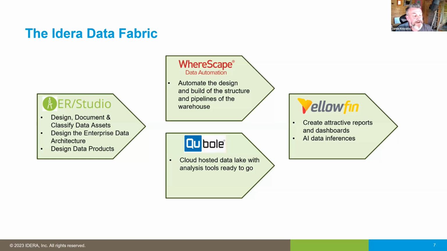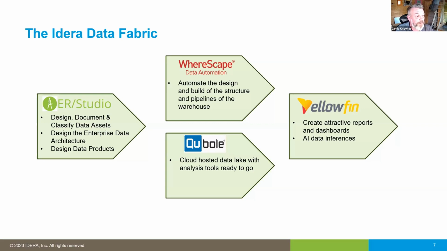WhereScape's our data automation tool. So as Mike said, traditionally used for data warehouse design, but now really featuring within data mesh product design. So with WhereScape, we can pass models from ER Studio. We started building these integrations between them to think about this end-to-end supply chain. So WhereScape will take models from ER Studio, and then running some pre-built policies will then automatically create structures in the data warehouse, create all the pipelines that feed it.